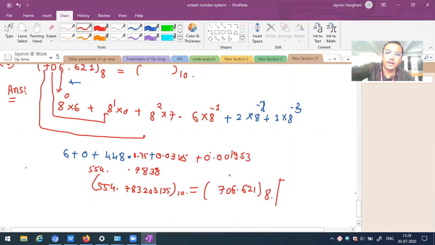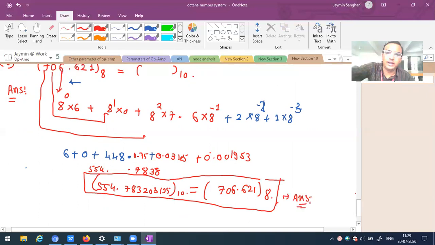See this. This is the clear representation of the answer to convert the octal number into decimal. Now the reverse process.